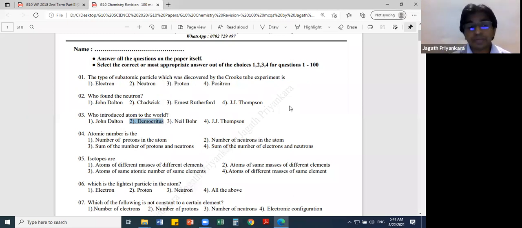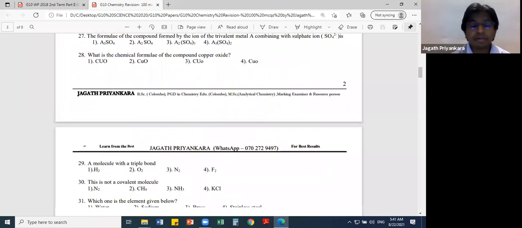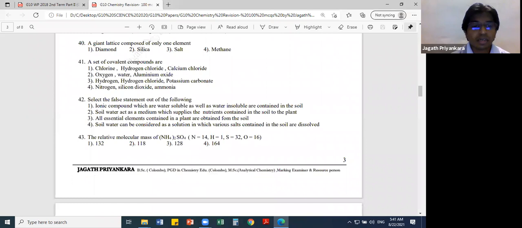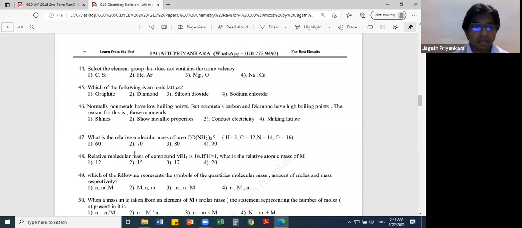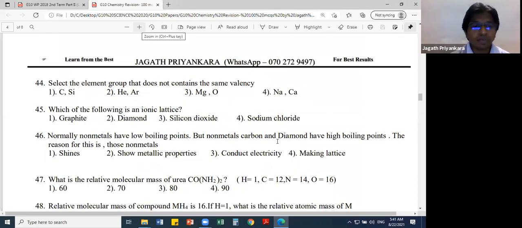Now, let's move on to question number 45. Which of the following is an ionic lattice? The answer is sodium chloride.